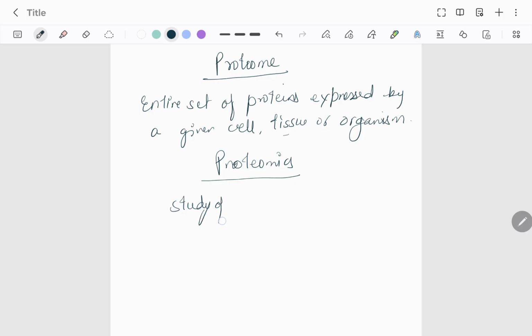So simply you can say study of the entire set of proteins expressed by an organism, or a cell, or a tissue.